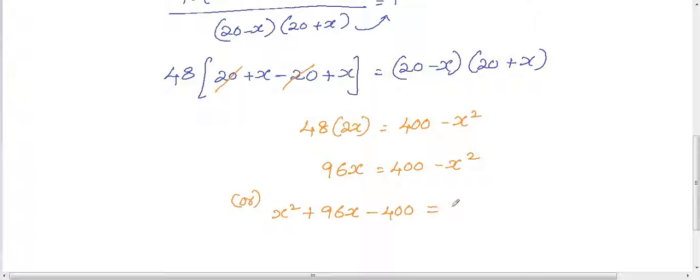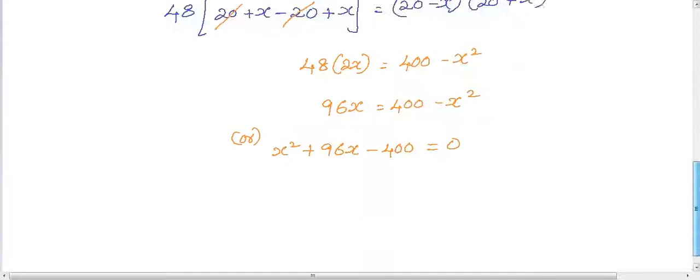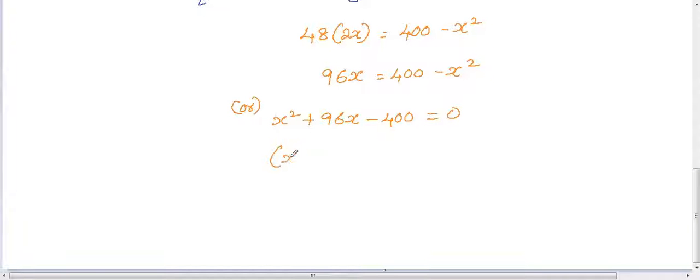If you move all the terms to one side, we'll get x square plus 96x minus 400 equals 0. Now find the factors of this equation. So we'll get x plus 100 into x minus 4 equals 0, and solve for x now. So x plus 100 is equal to 0, and x minus 4 equals 0.